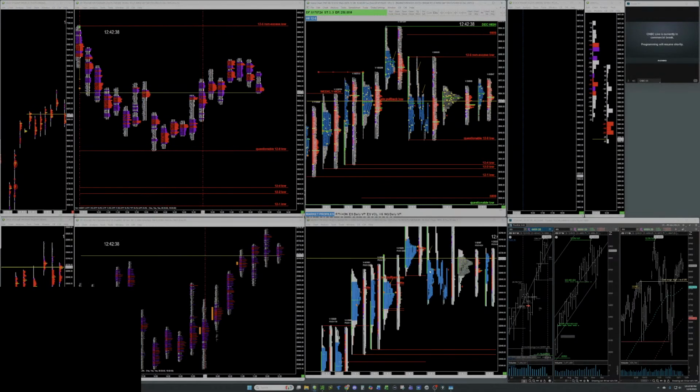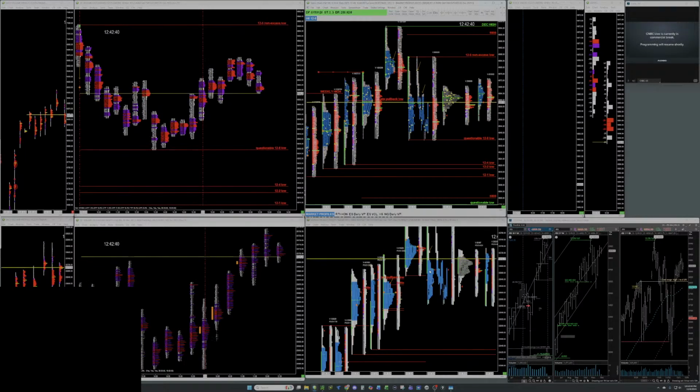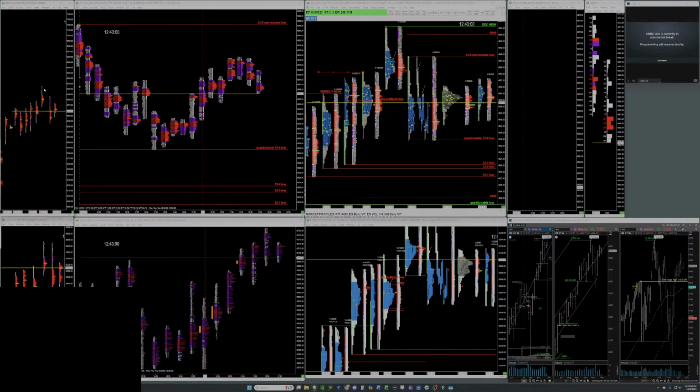I did some changes on my screen. What I have now here is the daily histograms on the left side, right?